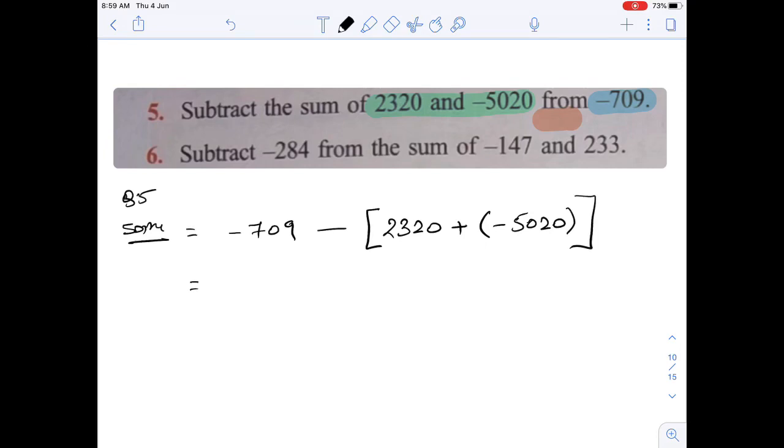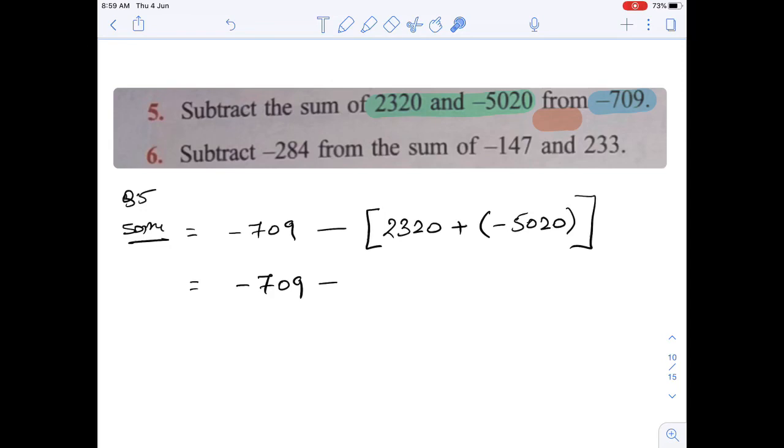Now this first number will be as it is, we will not make any change, so you will get minus 709. Now remember that minus is present and this is in brackets, but this number is immediately followed by another number. So first we have to clear the inner bracket, then we will clear the outer bracket. Till that time we will keep this minus sign as it is.